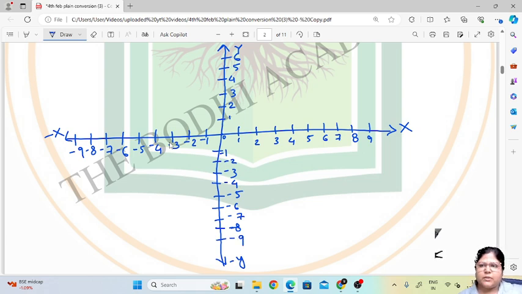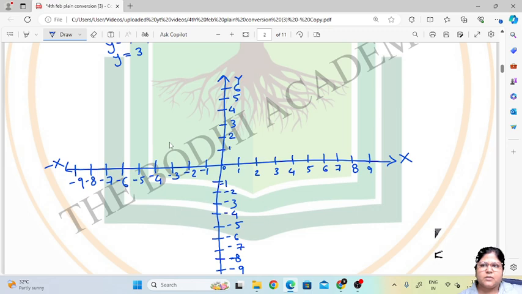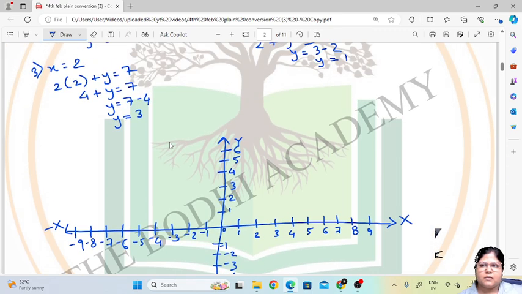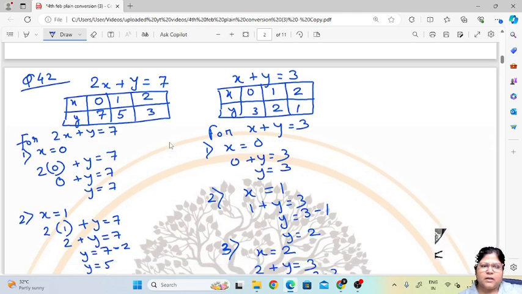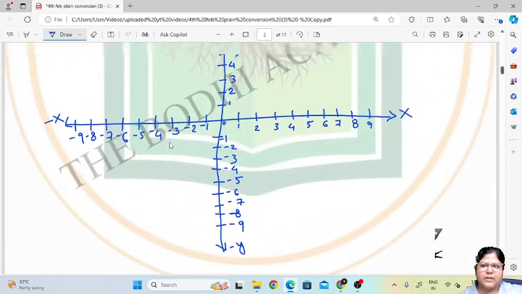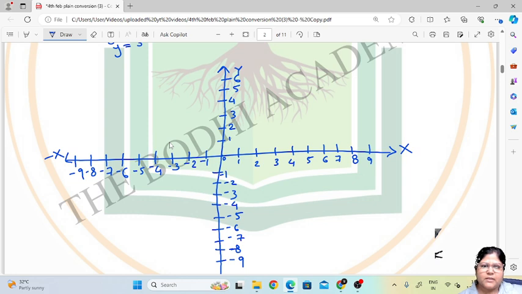Okay, so for the first equation, when x is 0, y is 7, right? 0, 7.